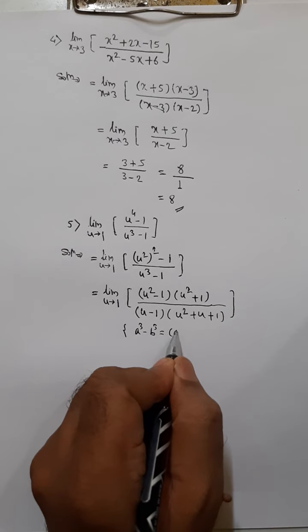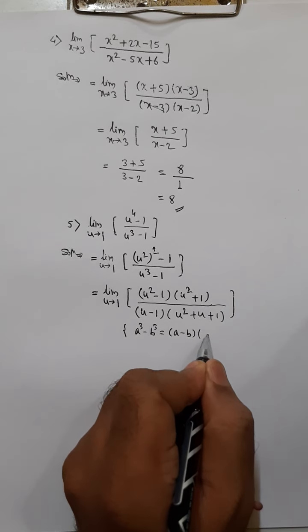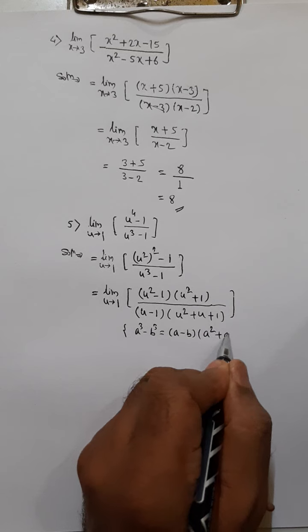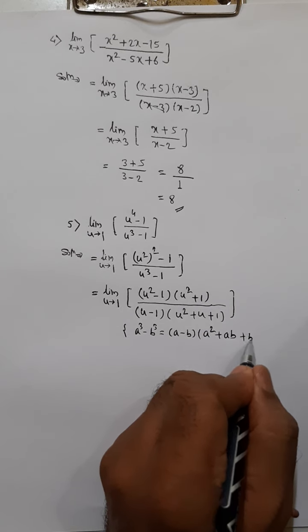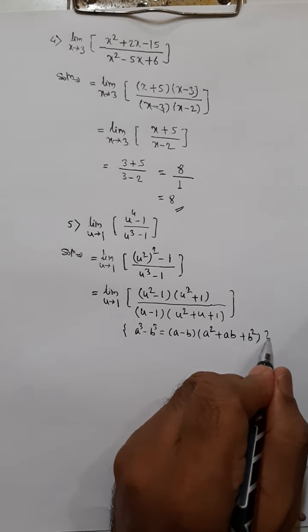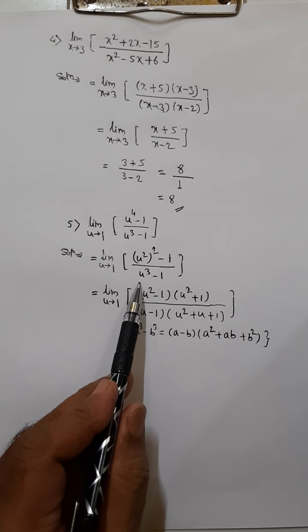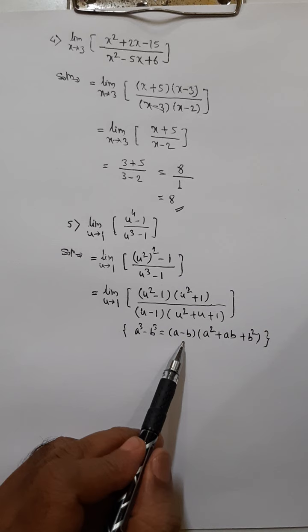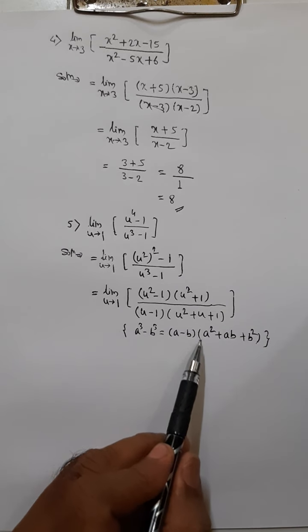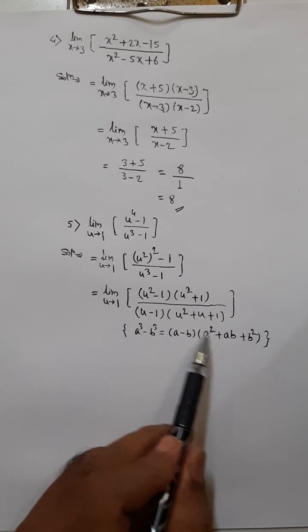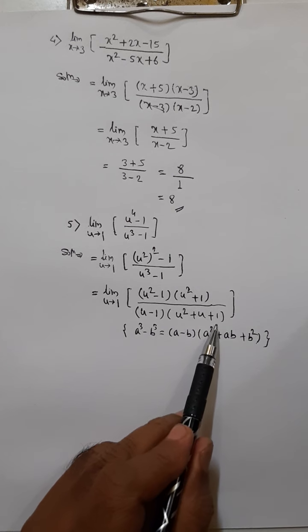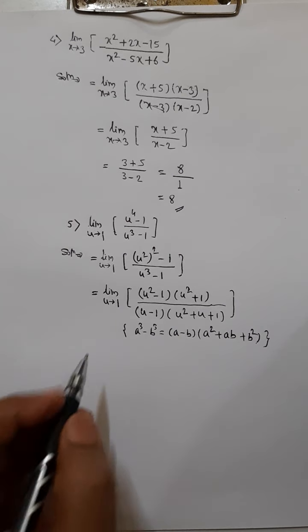The formula is (a − b) in first bracket, second bracket is a² + ab + b². So by applying this formula, we have written expansion for denominator. Here a means u, b means 1. A − b, that is u − 1. And second bracket, a² means u², ab means u into 1, that is u, b² means 1² is 1. So we get this.